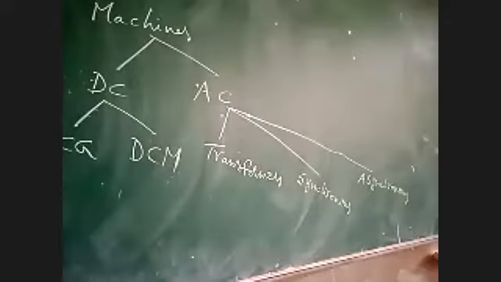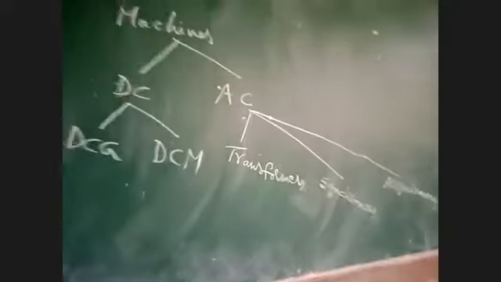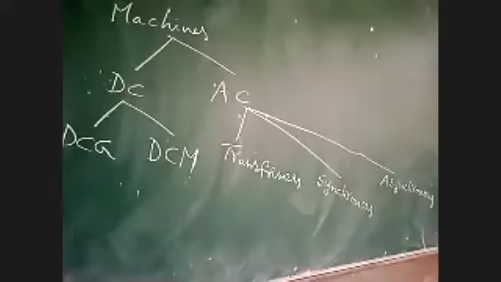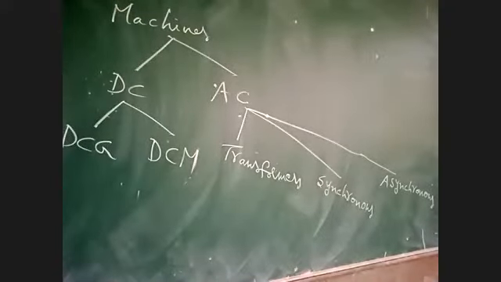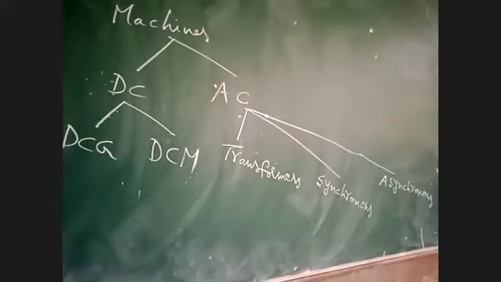Is it visible? Yes, sir. Okay. See here, AC machines are classified into three types: transformers, synchronous machines, and asynchronous machines.